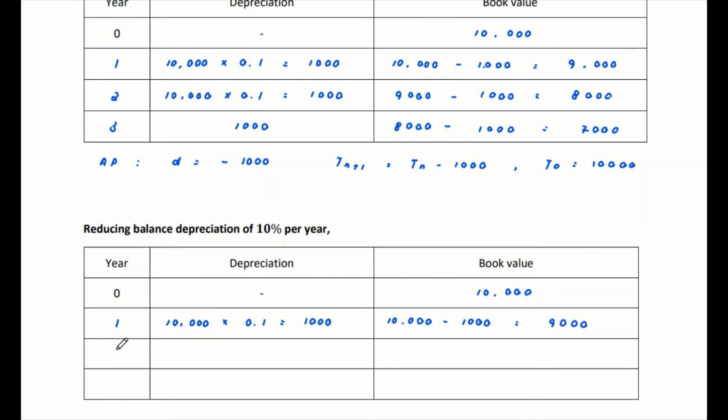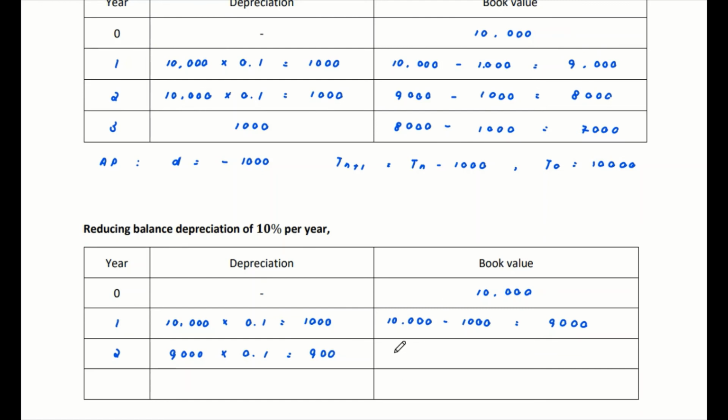For reducing balance, it's going to be 10% of your previous year. The previous year you were left with a book value of 9,000, so the depreciation is 9,000 multiplied by 10%. So for the second year, the depreciation is only $900.